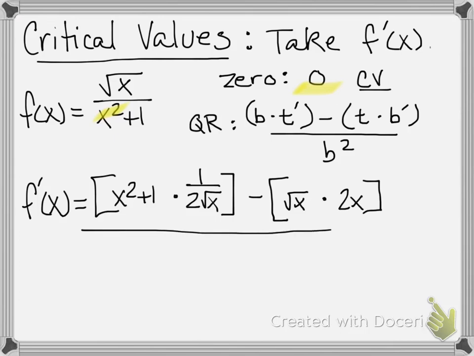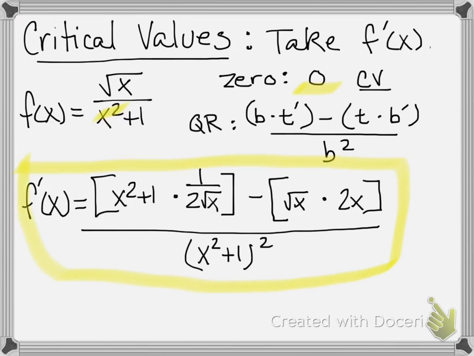And that's all over the bottom squared. That's going to be x squared plus 1, squared. Alright, so now we can go through and actually start working this part out.